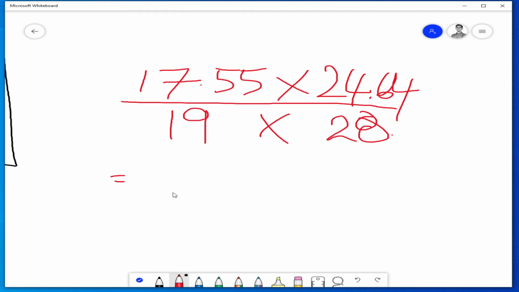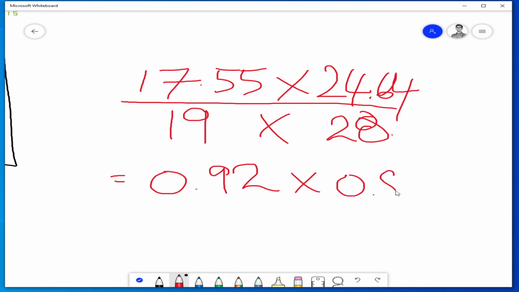So equal to 0.92. So 24 nak masukkan dia dalam 28.